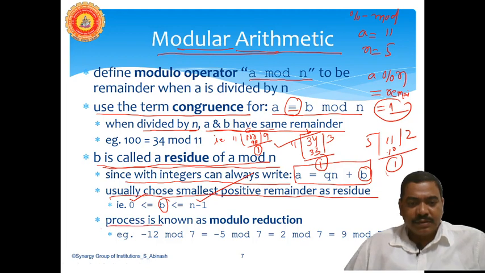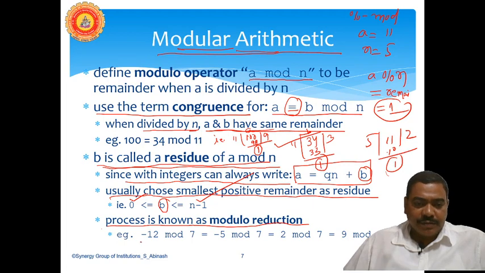If we perform this operation repeatedly, the process is known as modular reduction. Suppose minus 12 mod 7 is equal to, we can say, minus 12 plus 7 mod 7, that is minus 5.